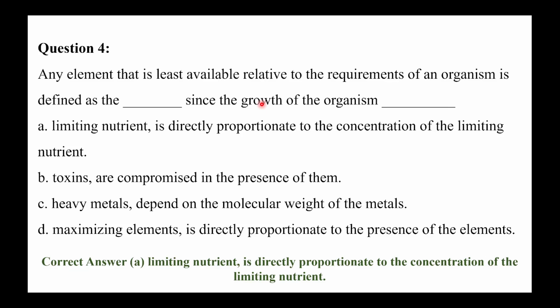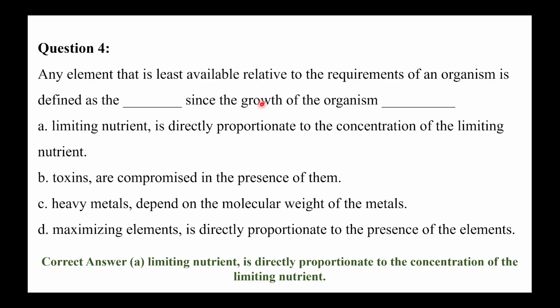So that will become the limiting agent. The organism requires all 4 components to grow: A, B, C, and D. Now I have added B in lesser quantity than all the other 3.